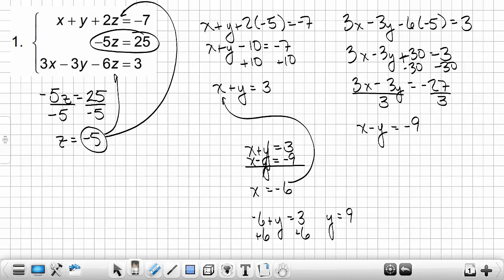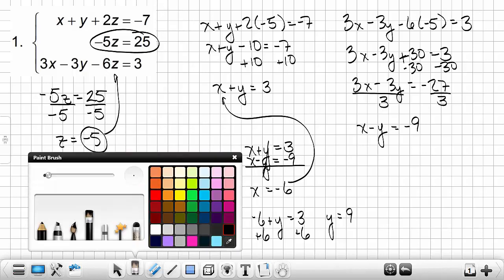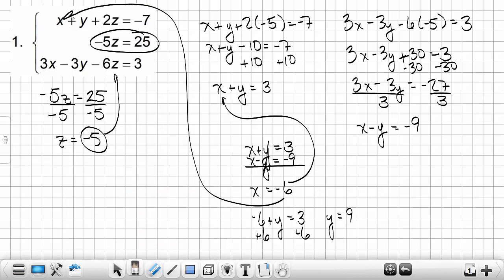Now that I know x and y, I can substitute them in. I'm going to delete this arrow. So I'm going to take my x value and put it into here, and I'm going to take my y value and put it into there. So I'm going to delete those arrows. I'm going to get negative 6 plus 9 plus 2z equals negative 7.